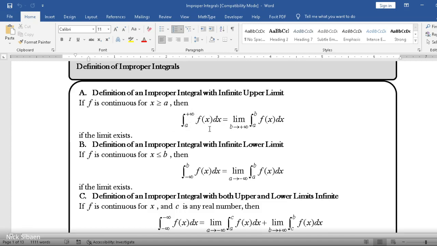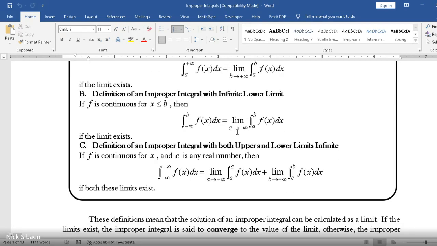How do we solve that? Magiging limit na siya. So it will involve your knowledge on limits. It becomes the limit of the same function from A to B, but B approaches positive infinity. So pinalitan mo lang ng variable yung upper limit. Instead of positive infinity, naging B na siya kasi naging limit nga. Tapos B, yung argument ng limit natin, B approaches positive infinity.